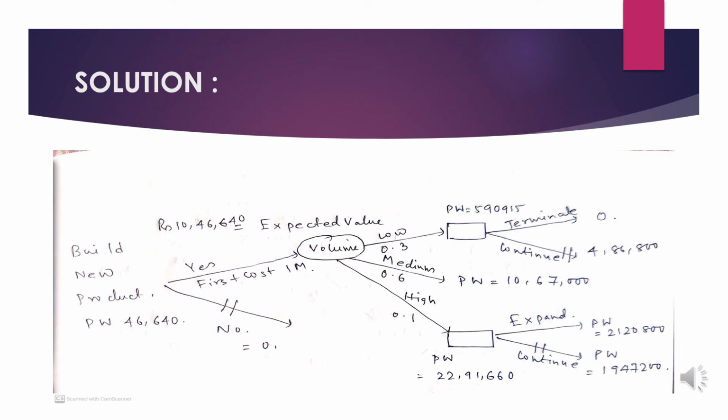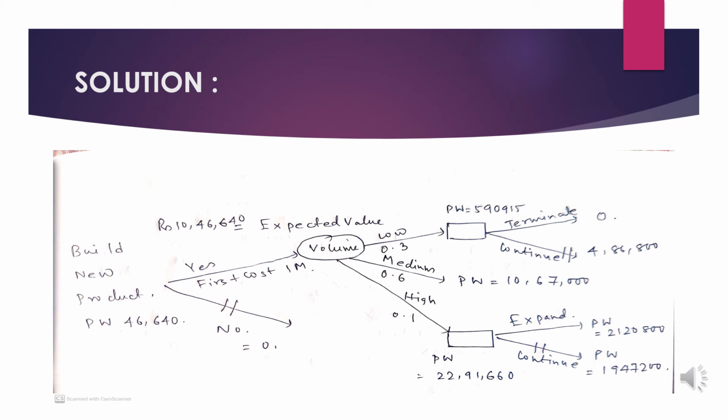So if we deduct that 1 million from the 10,46,640 earned, we have a profit of 46,640 as we build the new product and we continue it for 8 years after considering every single option.